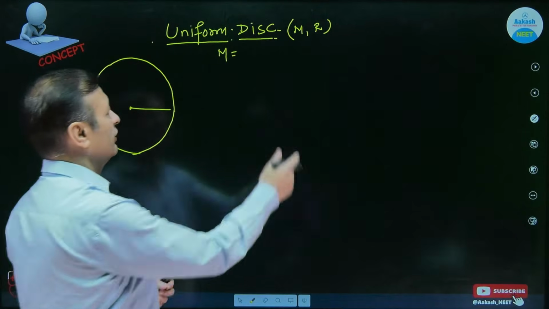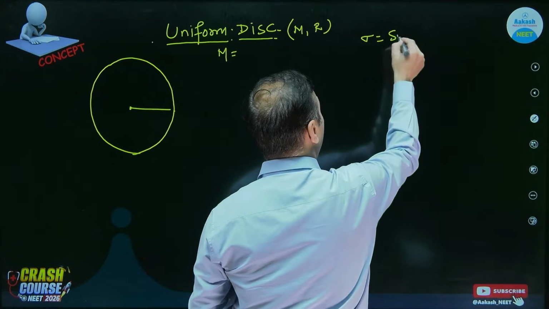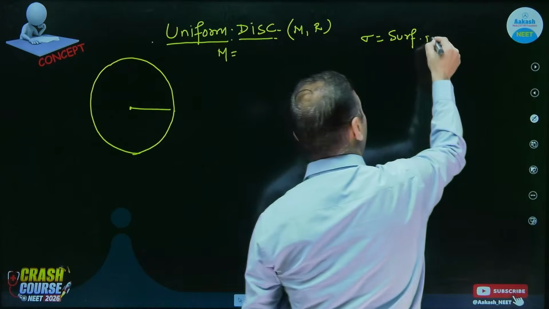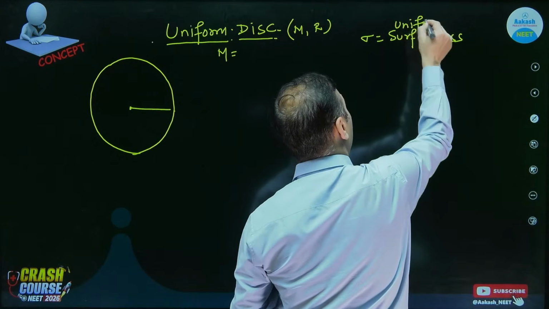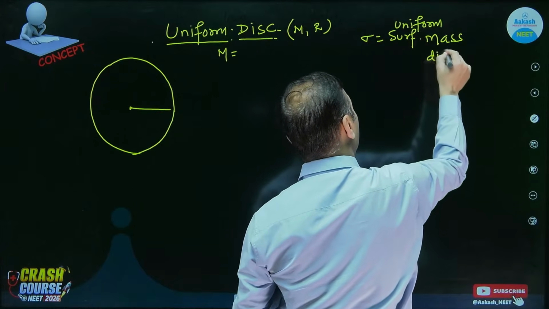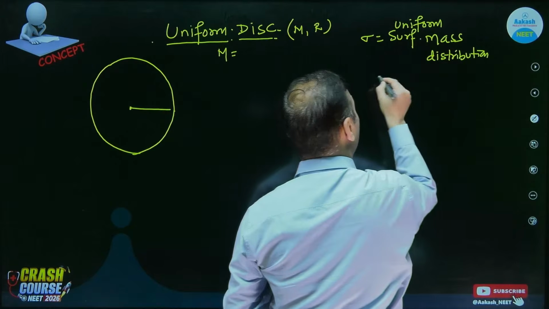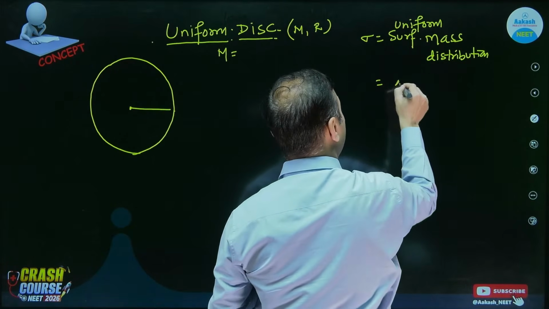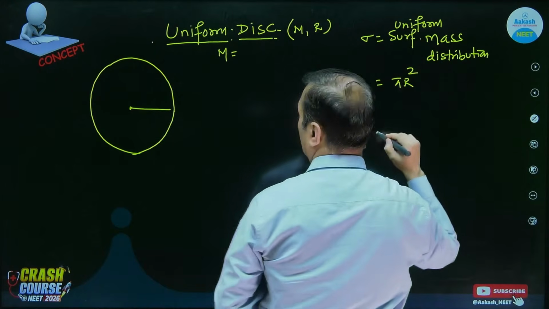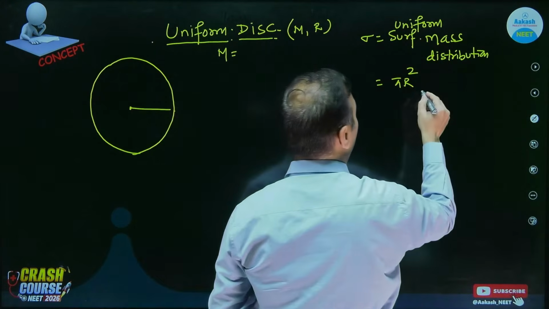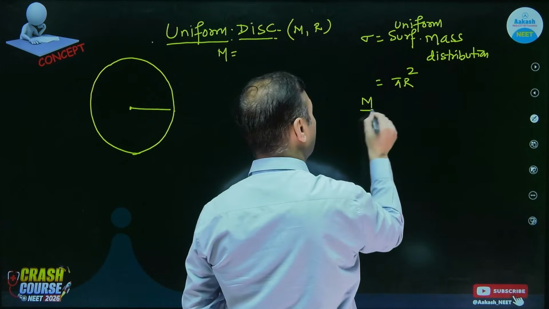So m we can put as follows: let's suppose sigma is the uniform surface mass distribution, so mass can be written as its area times sigma, the mass per unit area.